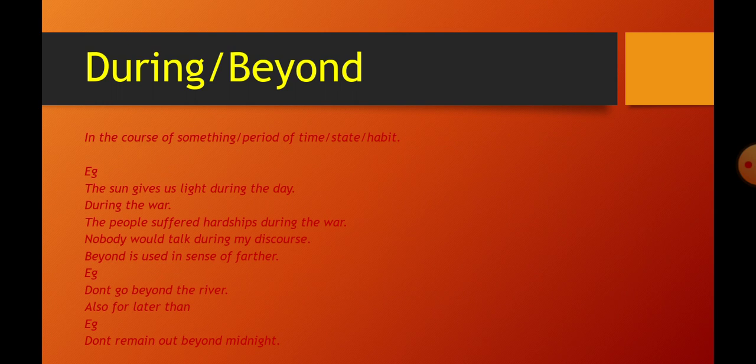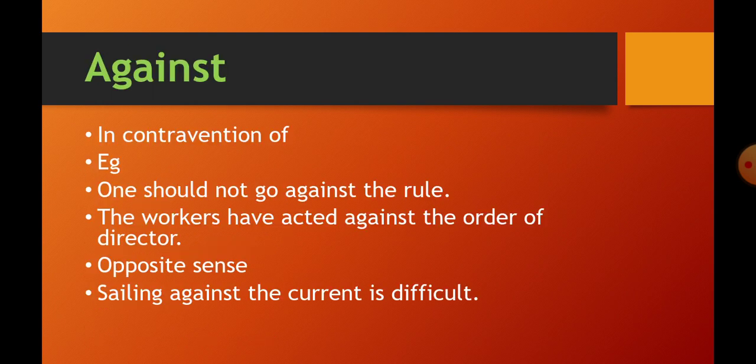Beyond is used in the sense of farther. That means farther than something. Don't go beyond the river. That means don't go farther than the river, further than the river. Also for later than. Don't remain out beyond midnight. That means after 12 o'clock, don't stay out.